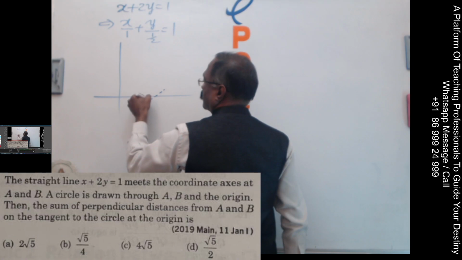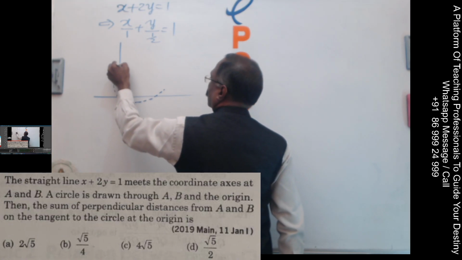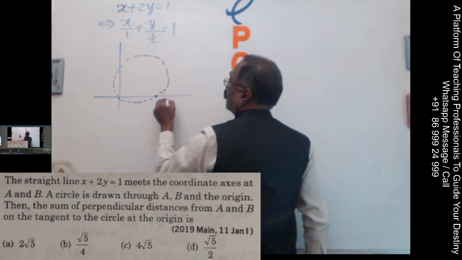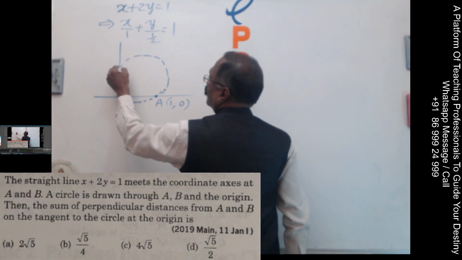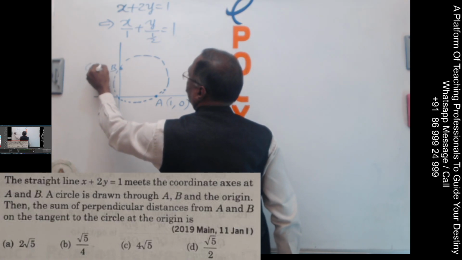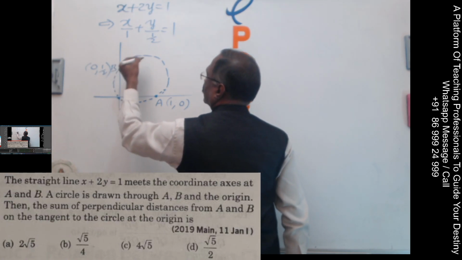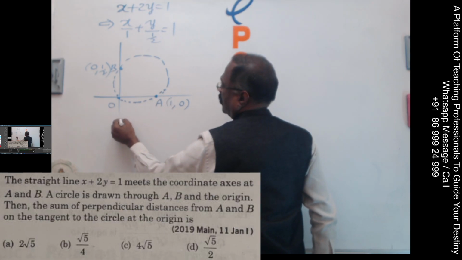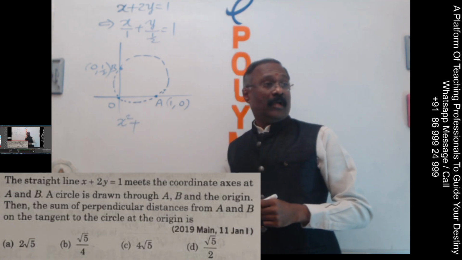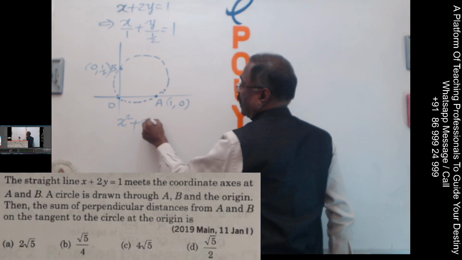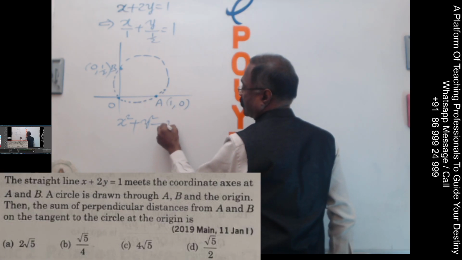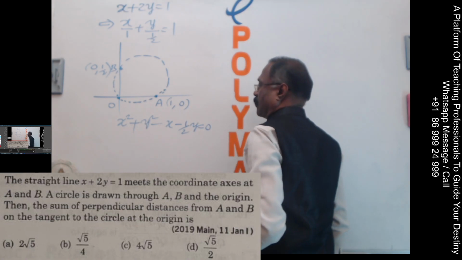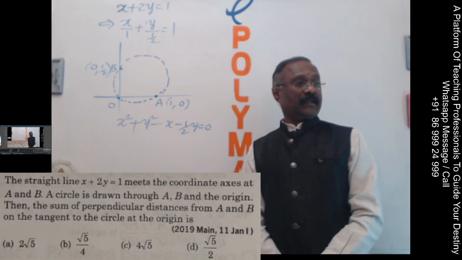This is the circle. This is A. What is A there? (1, 0). What is B? (0, 1 by 2). The circle is passing through these and (0, 0). The equation of the circle will be x square plus y square, just now I said, minus ax minus by equal to 0.